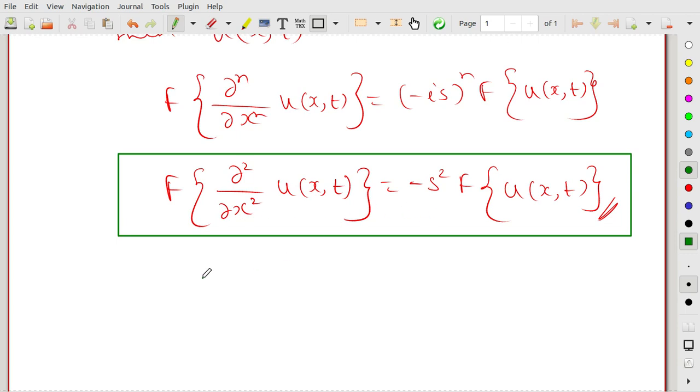Similarly, we have Fourier sine and cosine forms.